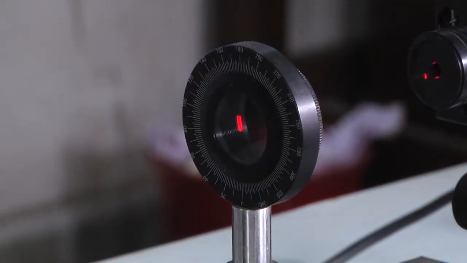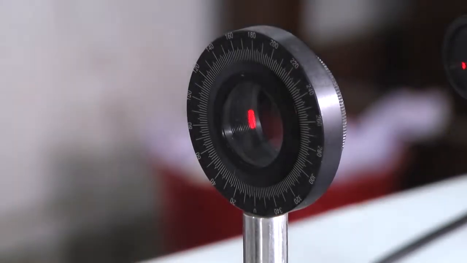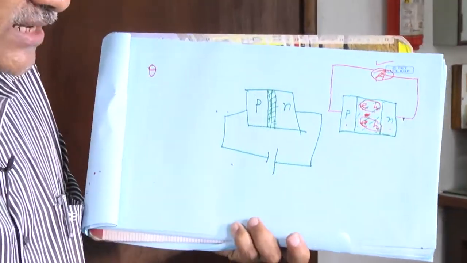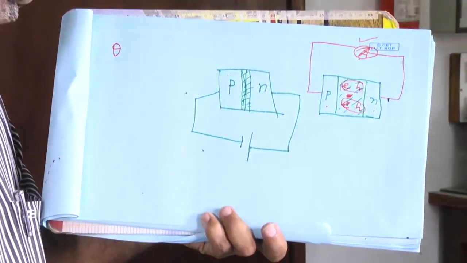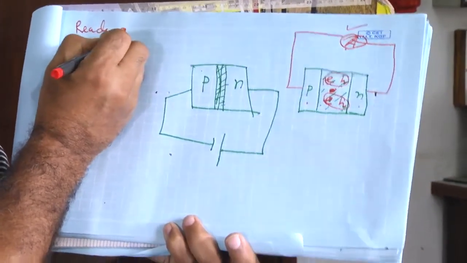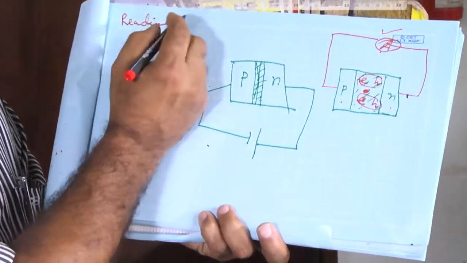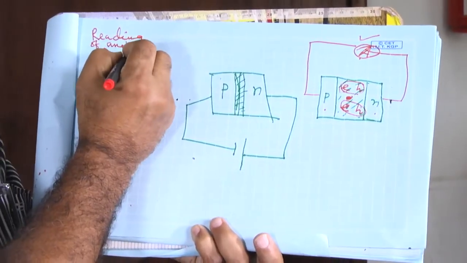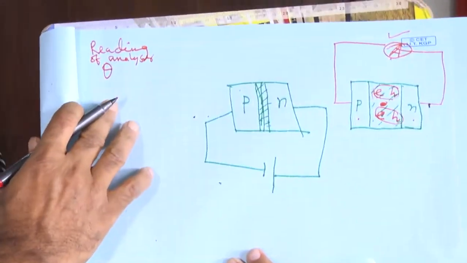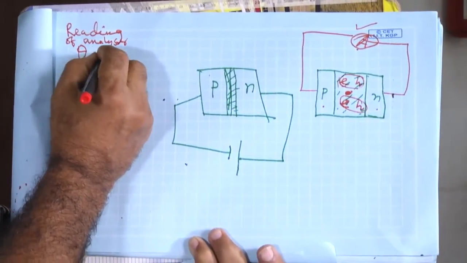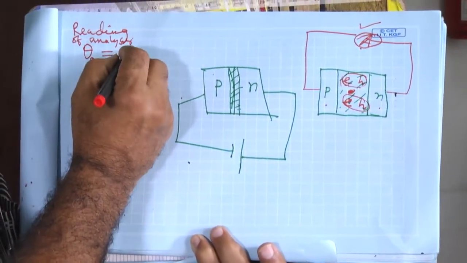This is the reading of the analyzer, not the angle theta. So the initial reading, theta 0, is 25 degrees.